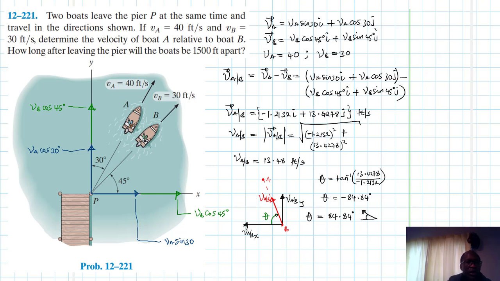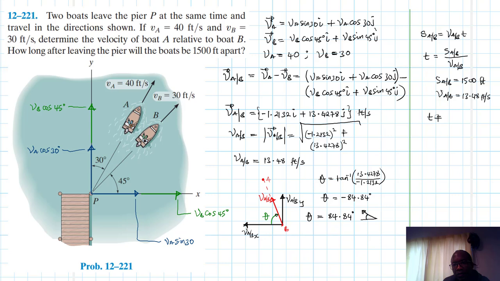These velocities are constant, so SA/B is equal to VA/B times time, and time is equal to SA/B over VA/B, where SA/B is 1500 feet and VA/B is 13.48 feet per second.